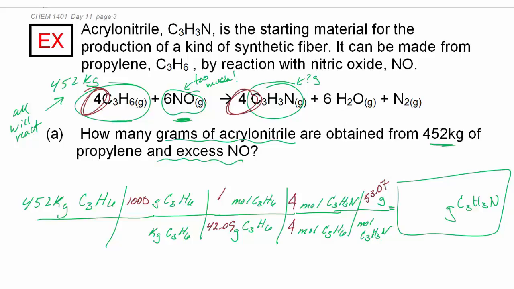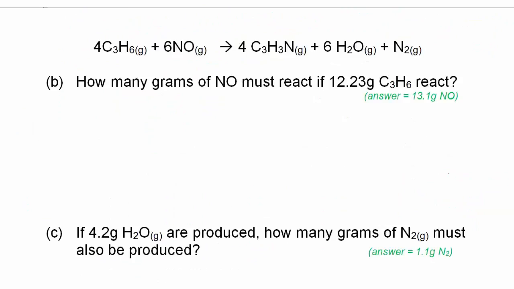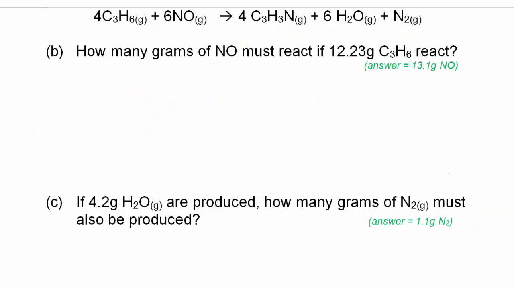Okay, 452 times 1,000, divide by 42.09 times 53.07. About 5.7 times 10 to the 5 grams of acrylonitrile.